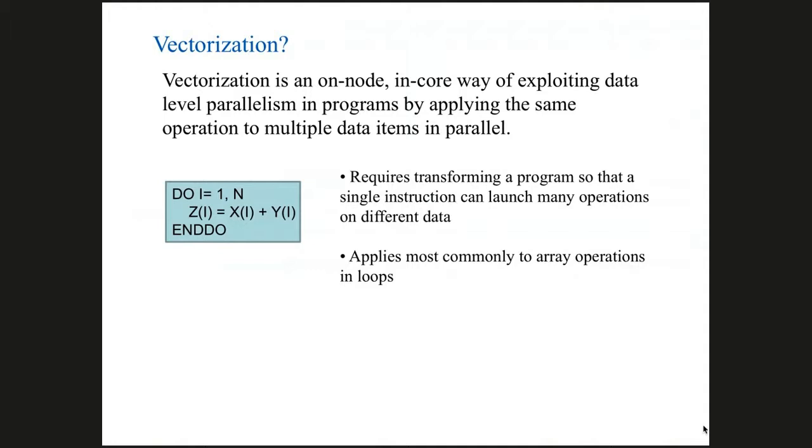Vectorization. Vectorization is an in-core way of exploiting data level parallelism in programs by applying the same operation to multiple data items in parallel. We know some compilers will do vectorization during compile time, like Intel and maybe some other compilers. It's commonly applied to array operations in loops.